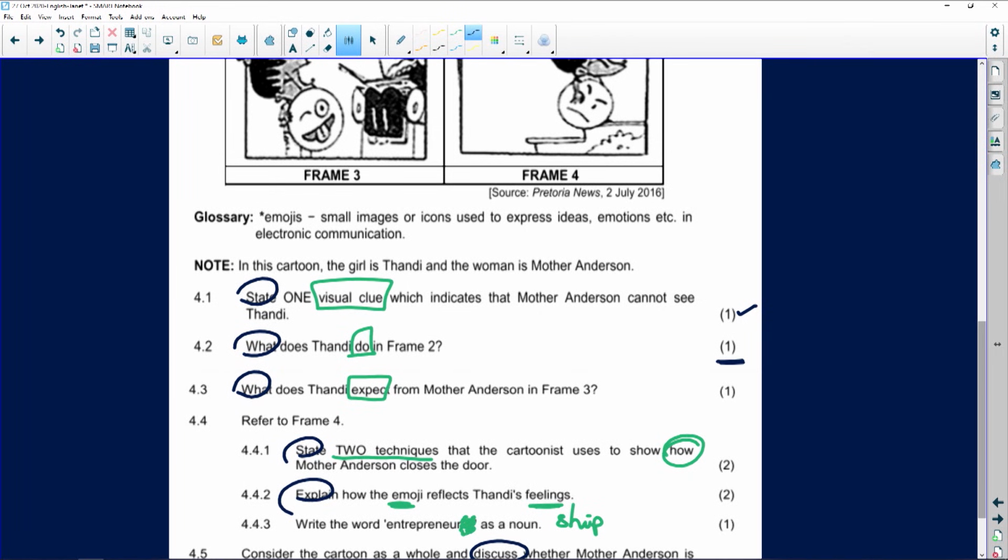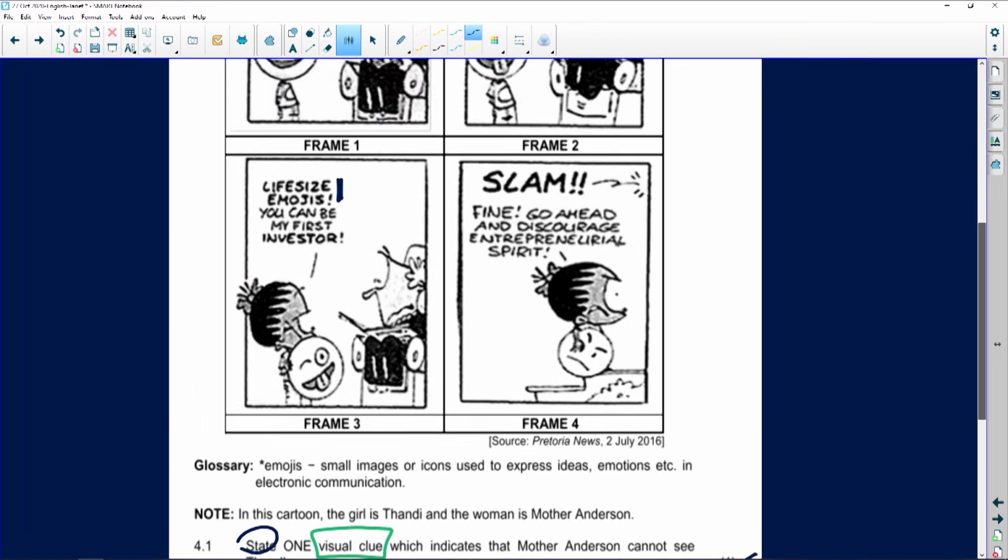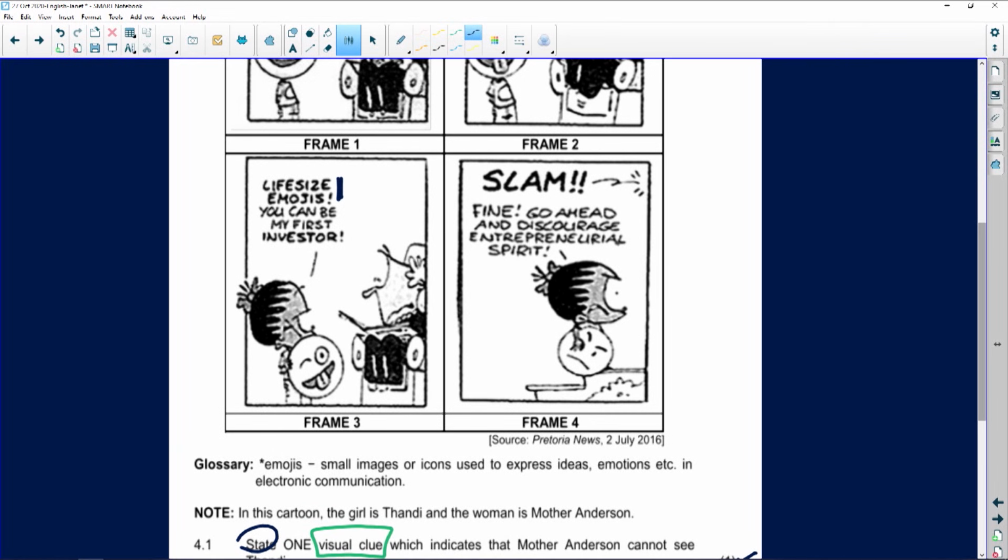Right. What does she expect in frame 3? She says to her, you can be my first investor. So what does it mean if you invest? You give somebody money so they can develop their company, their product, their sales.